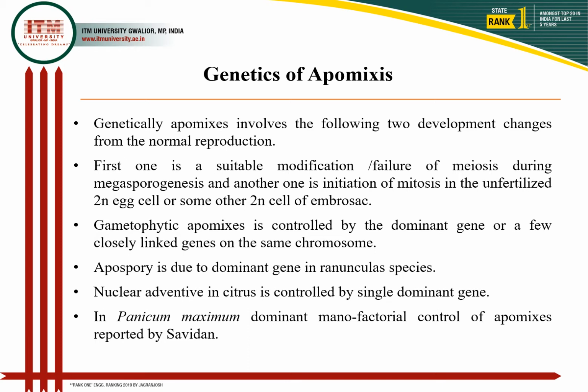Nucellar or adventitious embryony in citrus is controlled by single dominant genes. So you can understand that almost all apomixis processes are related to dominant genes, may be influenced by some linkage or may not, as per the different species.